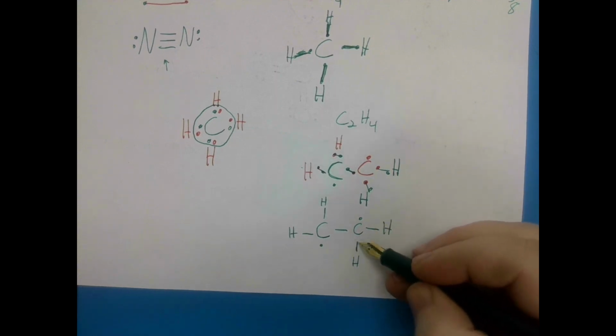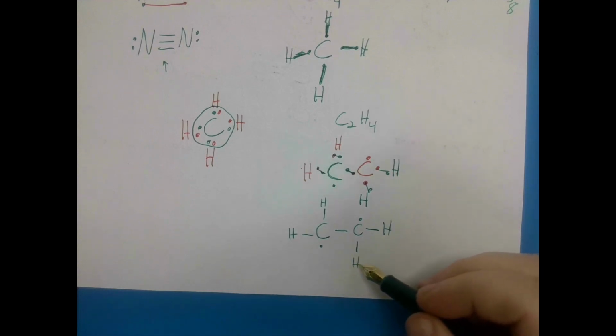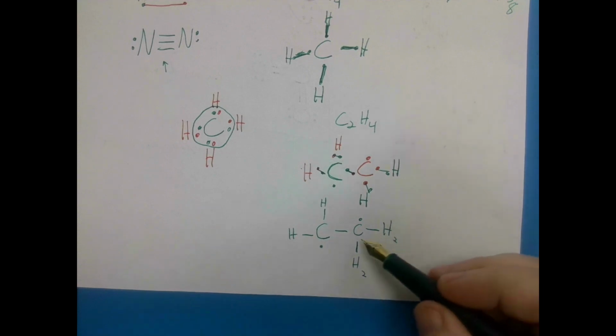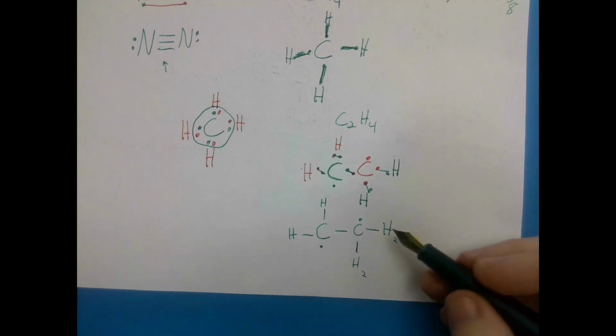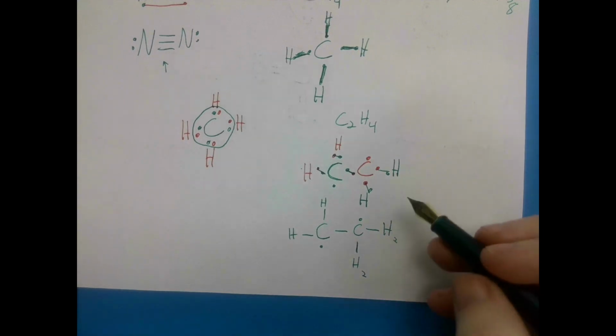No, a line counts as what? 2. So how many are around this hydrogen? 2. How many are around this carbon? 7. Is that the correct number? No. It should be 8. So what are we going to do to make it happy?